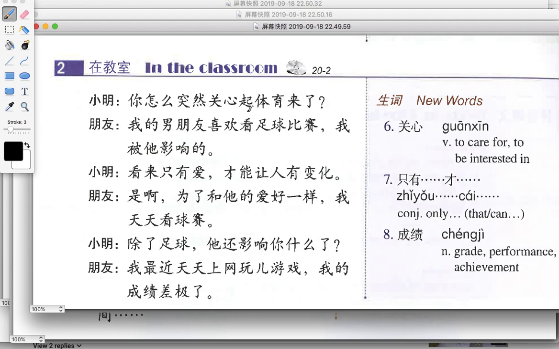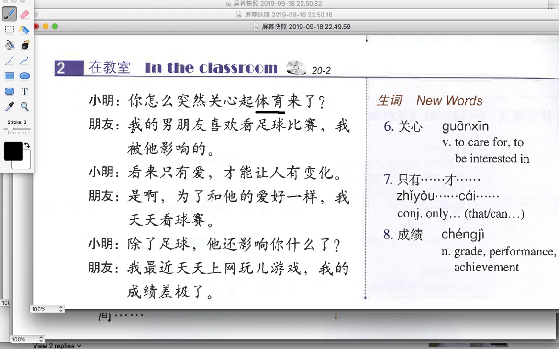So to begin the action of 关心, arise. Okay, about what? About 体育, PE or sports.